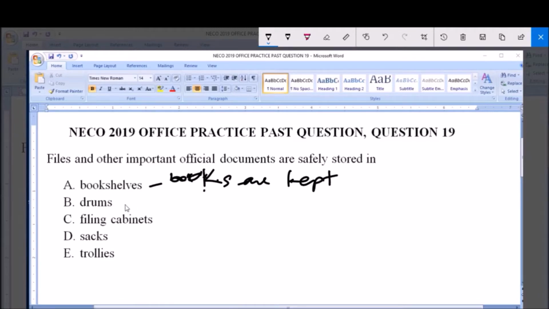Now B, drums. Drums is not used for storing files and other important official documents. D says sacks, which is wrong, and E says trolley. Trolleys is not used. Then C says filing cabinet. Yes, filing cabinet is the correct answer to this question.